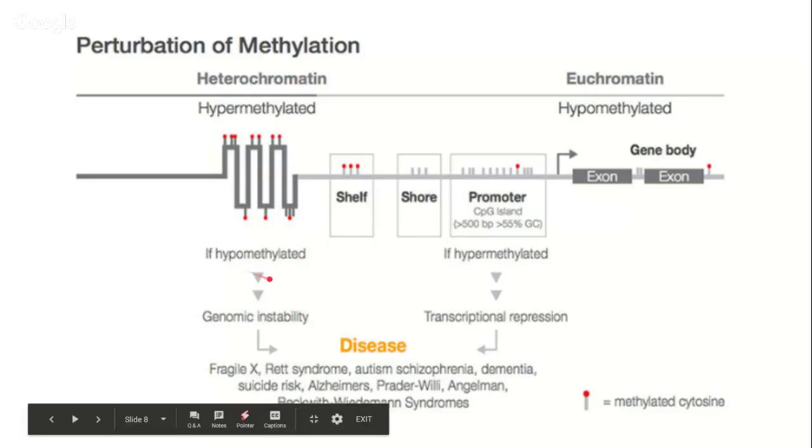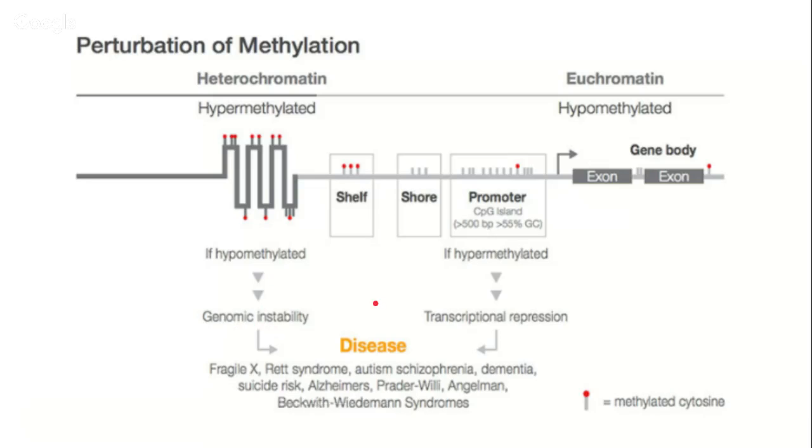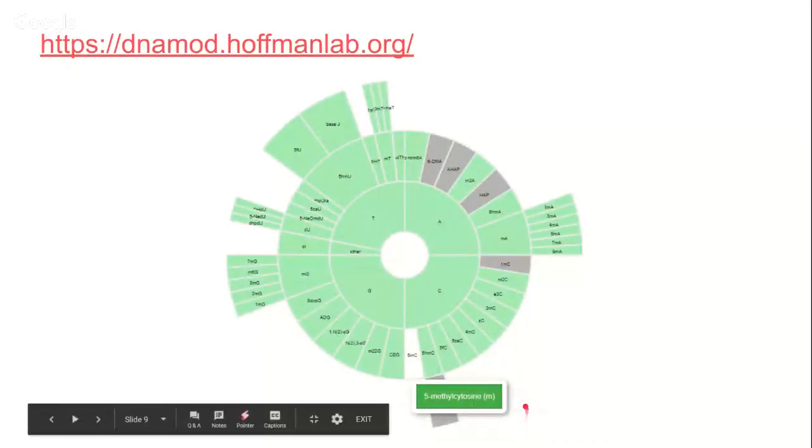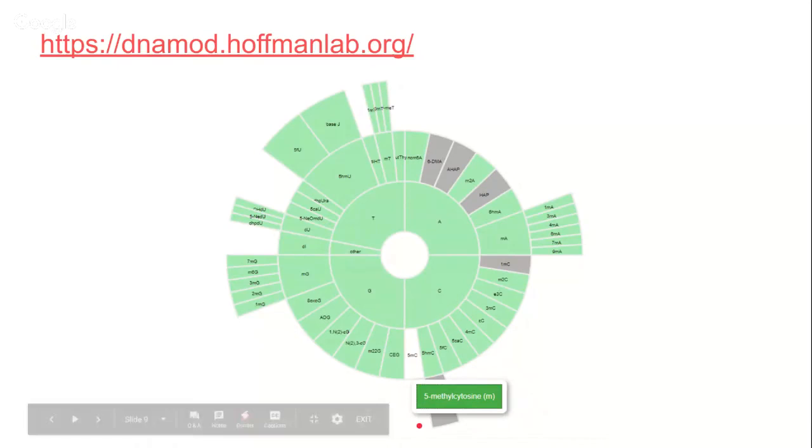If it's hypomethylated, it leads to genomic instability, etc. So basically, by measuring the methylation marks at specific places in the human genome, we can tell about the functional state, the cell type specificity of these nuclei, these cells.